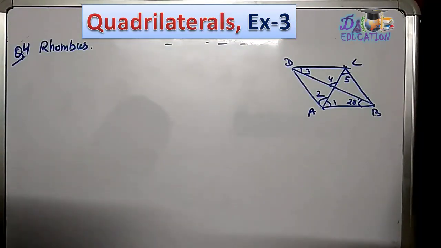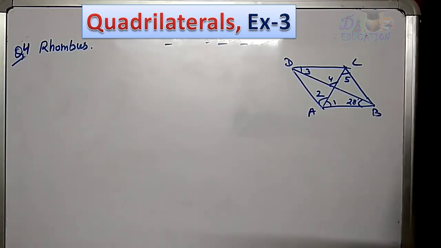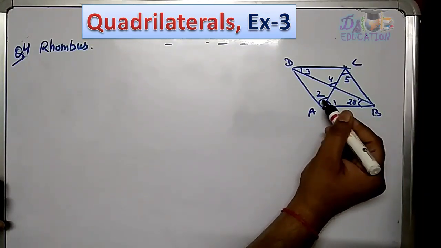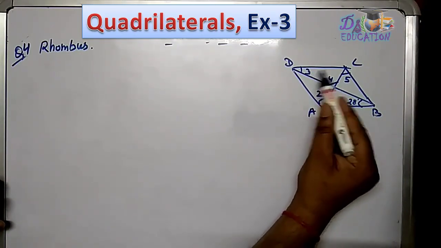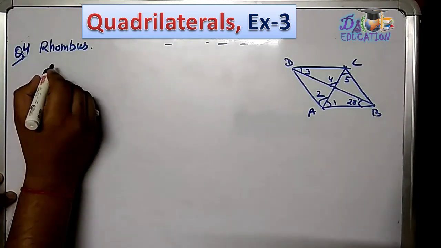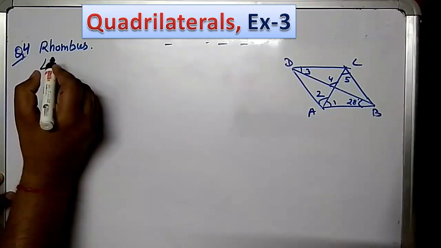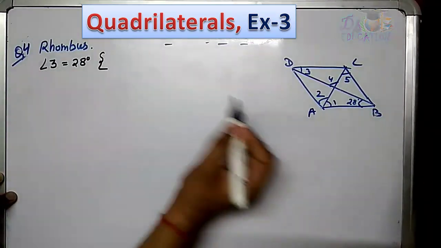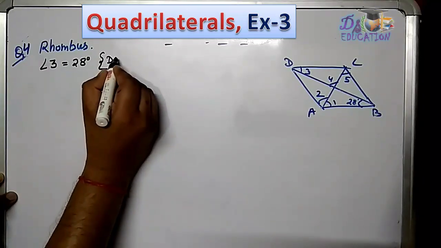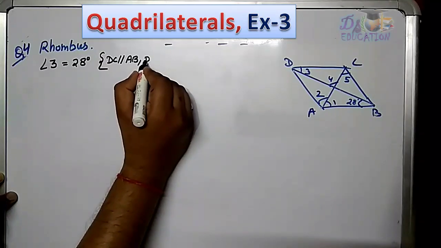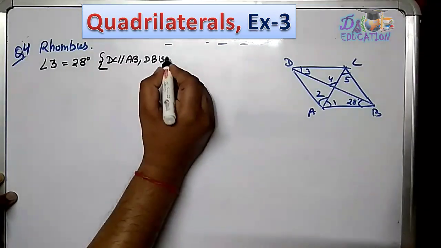Let us start with another question. Again a rhombus ABCD is given, where this angle is 28, and we have to calculate angles 1, 2, 5, 4 and 3. Let us start now. Angle 3 is equal to 28 degree. Why? Because DC is parallel to AB, and DB is transversal.